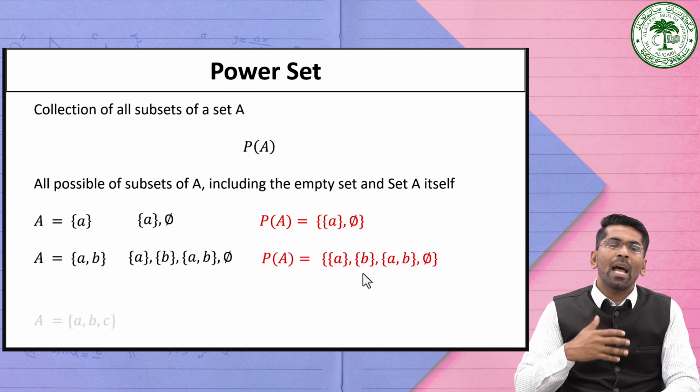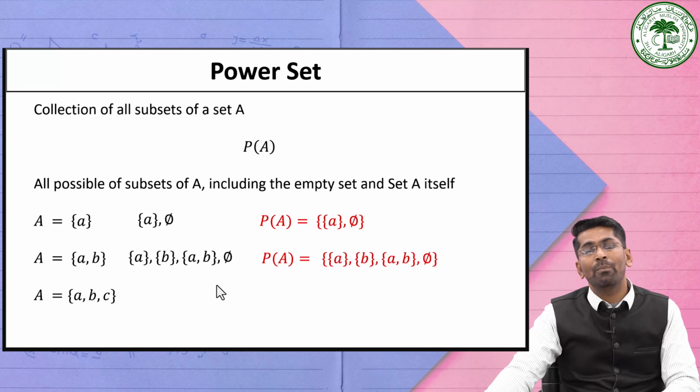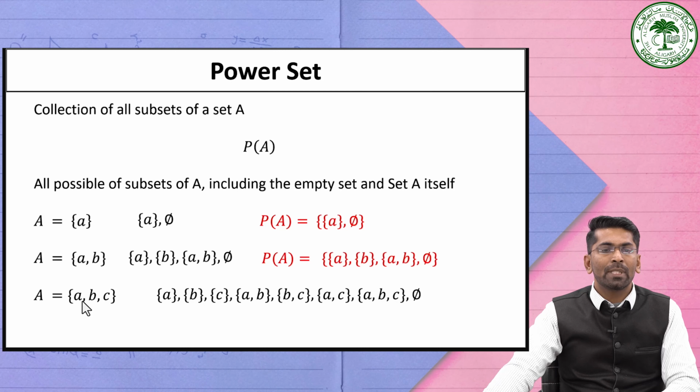Let us consider if we have three elements in this set, that is A is equal to {a, b, c}. In this case, see what are the various possible subsets. {a} is a possible subset, {b} is also a possible subset, {c} is also a possible subset, {a,b} is another possible subset, {b,c}, {a,c}, and {a,b,c} itself is a possible subset, and also phi.